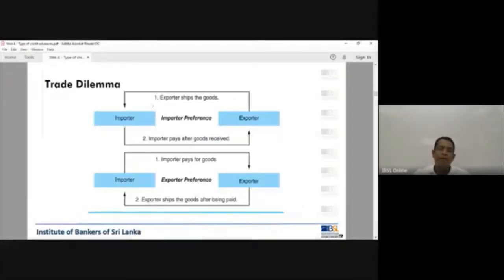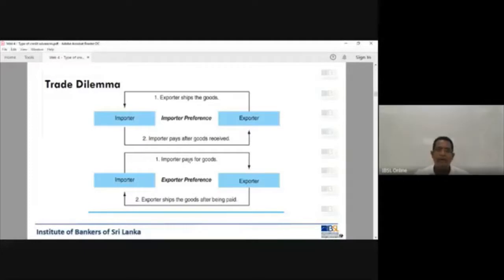This is what the importer and the exporter want. Always the importer prefers to get the goods before payment, whereas the exporter prefers to get the money before exporting, because we are running into a credit risk.